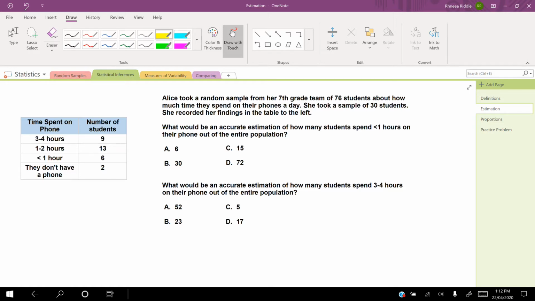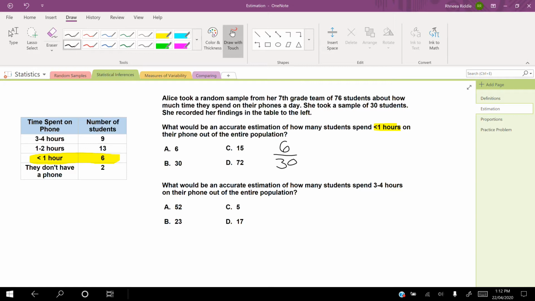So we are seeing here that it says less than 1 hour. So we're going to go to our table and find where it says less than 1 hour. And we can see that 6 people say that they use less than 1 hour on their phone a day. So that means we are going to have 6 students out of those 30.